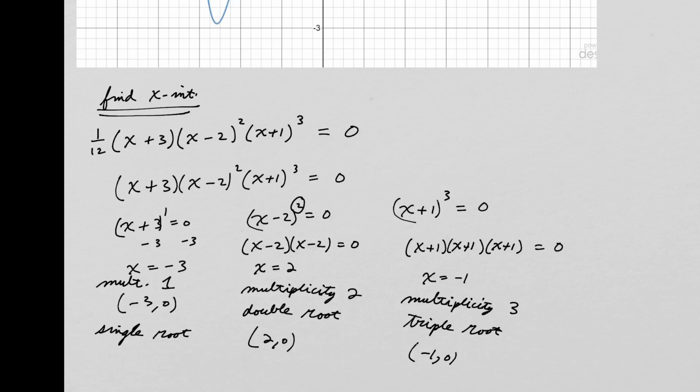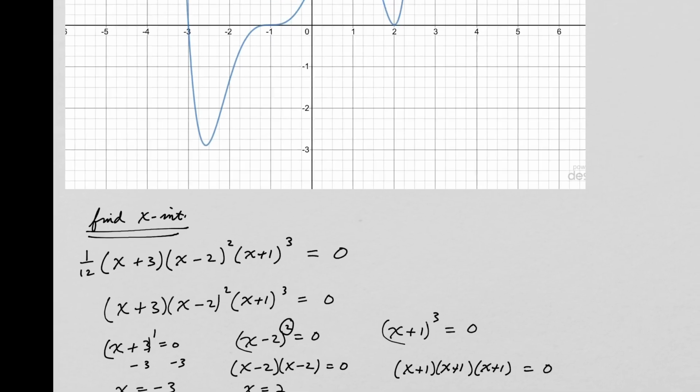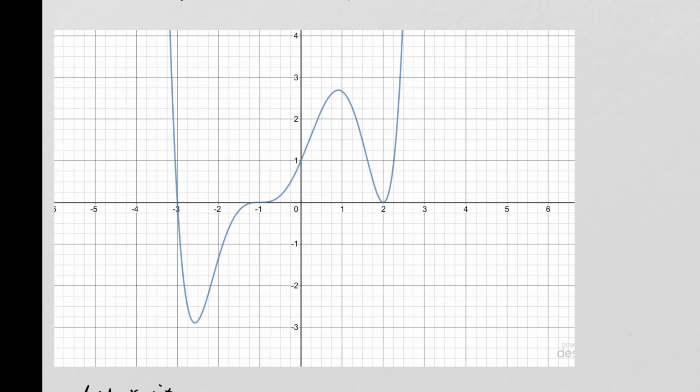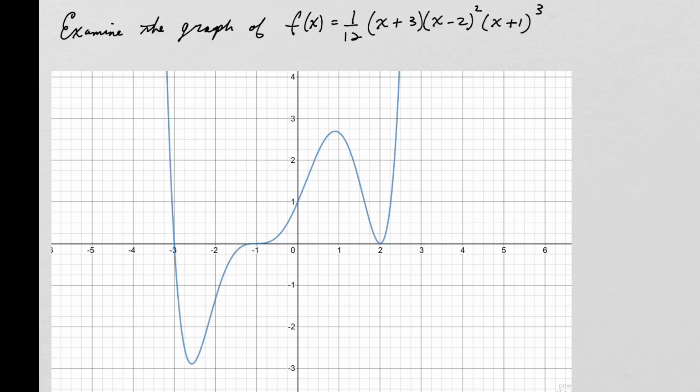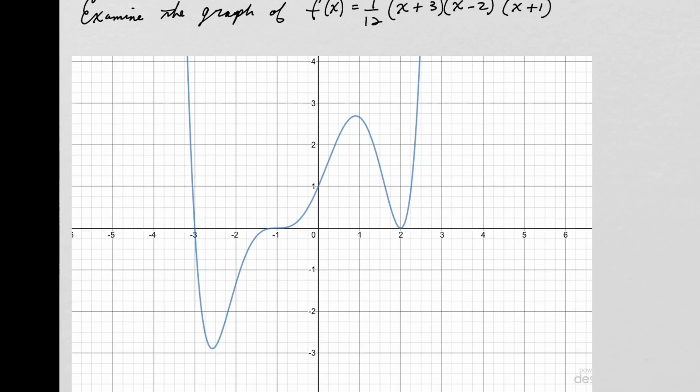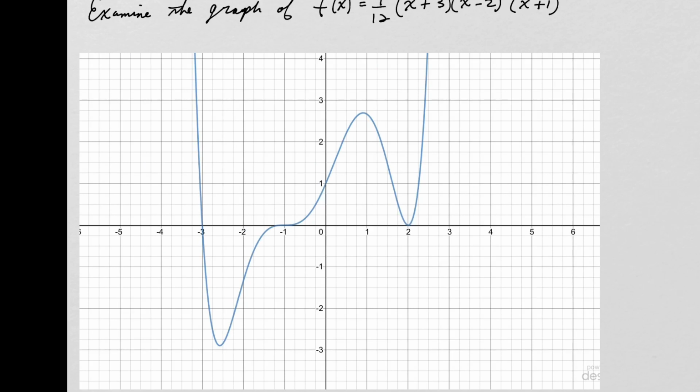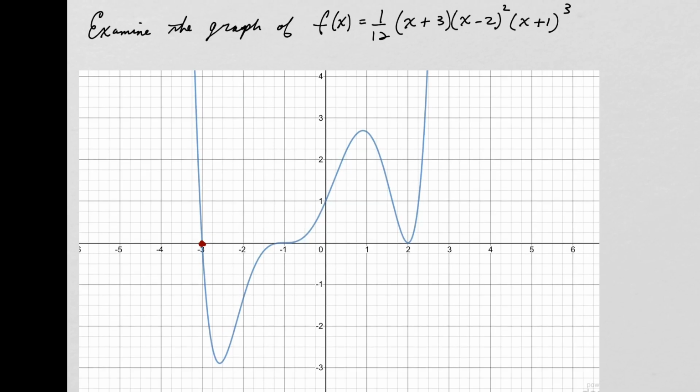So let's see what this looks like graphically, right? So if we look at this graph, this is a graph of that function. Notice here, right, that this root, x equals negative 3, remember that came from this factor, right? That came from the x plus 3 factor.